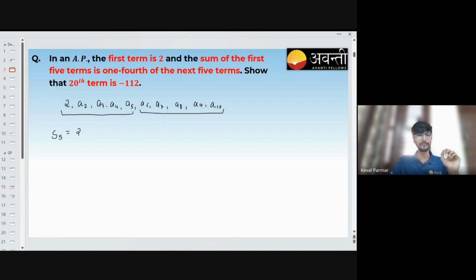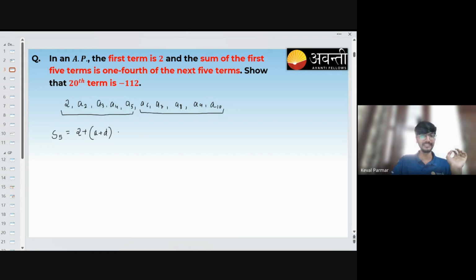Now, this will be equal to 2 plus A2, which I can write as A plus D, if you remember. What happens in an AP? The first term is A, then A plus D, A plus 2D, A plus 3D, A plus 4D, and so on. Correct?